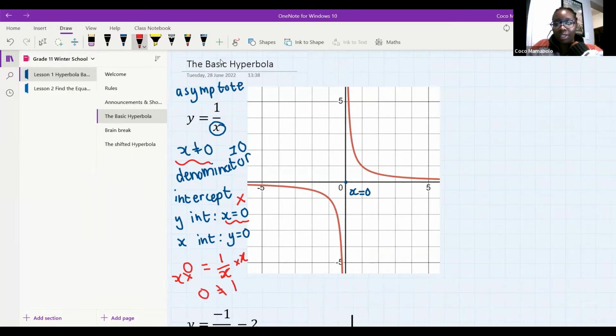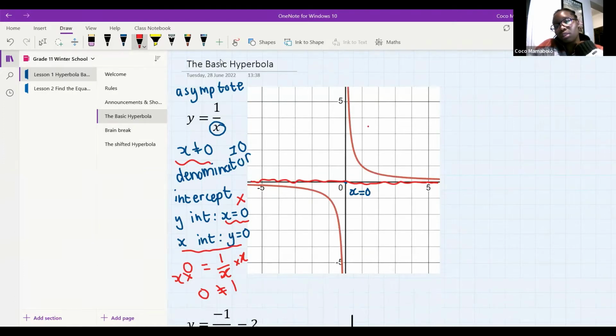This is a false statement. 0 and 1 are not equal to each other. That's why we also have this line here where our graph splits, because at that point, our graph doesn't exist. 0 is not equal to 1. That is why we have 2 separate graphs.